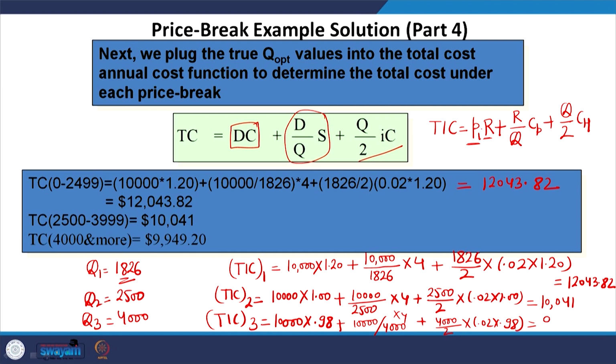It is going to come 9,949. Now, these three TICs are there: 12,000, 10,000 something and 9,949. When you compare these three different TICs, you see that this is the minimum. Therefore, when this is the minimum TIC, your order quantity becomes 4,000.